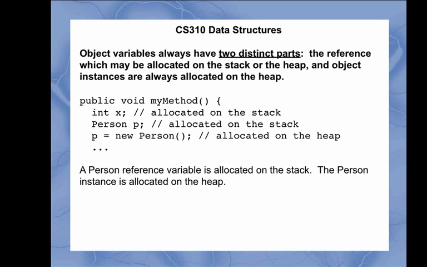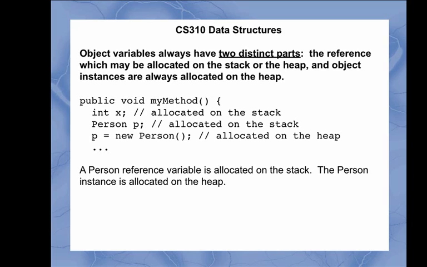So object variables always have two distinct parts. The reference, which may be allocated on the stack, or it could be on the heap. That is, it will be on the stack if it's declared inside of a method. It will be on the heap if it's a class level variable. The object instances are always allocated on the heap.